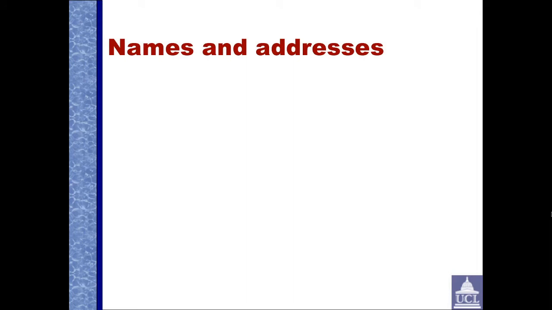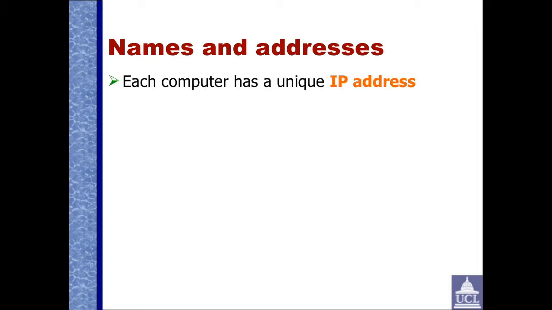So let's look a little bit at how the web and how networking between computers works. Each computer has a unique IP address or Internet Protocol address. Now that's not necessarily quite true because often on something like a home network you will have a router which has a unique IP address which connects to the outside world, and that then accesses all the computers and devices that you have within your home network, and they don't have unique addresses that are seen by the outside world.